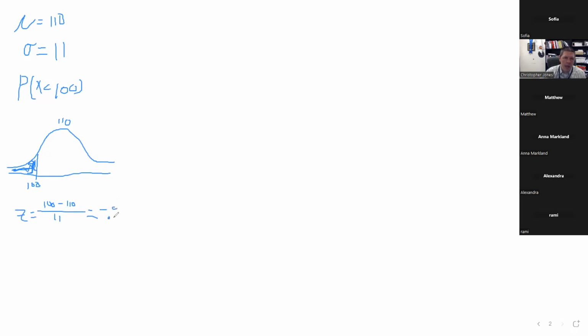The last thing we would do is look up the area for this by looking at the z-table. Unfortunately, I don't have a z-table readily handy, but I can dig one up. If somebody has their z-table and can look that up while I'm looking for one, that would be helpful. Once you look it up, if you could just type it in the chat, that would be lovely.